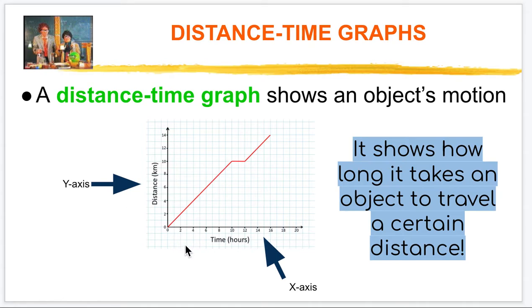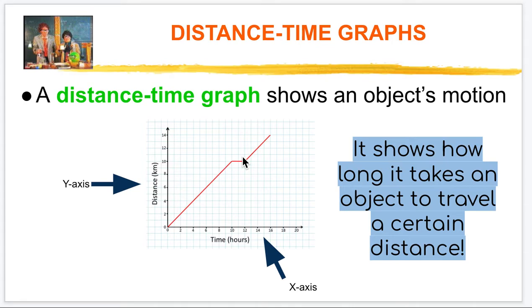This is our x-axis and our y-axis. You probably remember that from math. I know that you guys have made coordinates. We will be doing coordinates later in math this year. And we know we always look at our x-axis and then go up to our y-axis, just like we do in math.